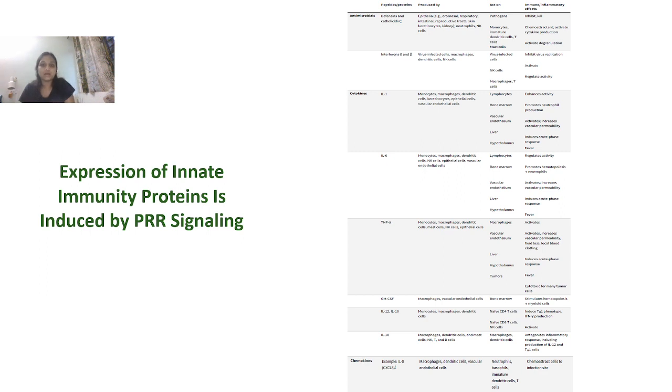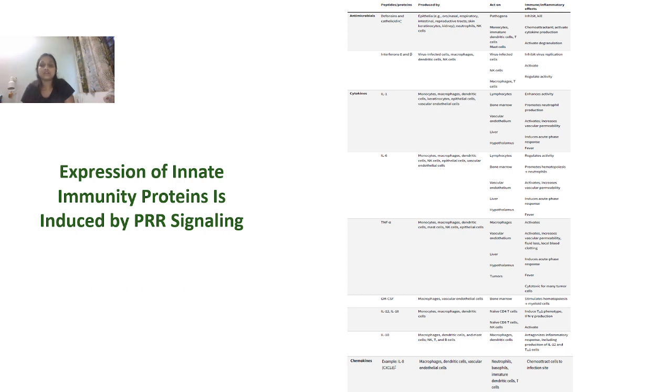These are antimicrobial compounds produced by different kinds of cells like epithelial cells, neutrophils, natural killer cells, virus-infected cells, and macrophages. They can affect the same cells or go and affect other cells infected by the pathogen. Their roles are that they can inhibit viral replication, activate degranulation, act as chemoattractants, and regulate the activity of bacteria and others.